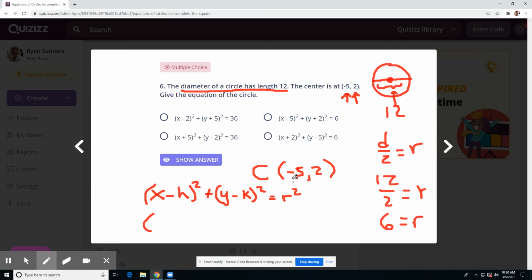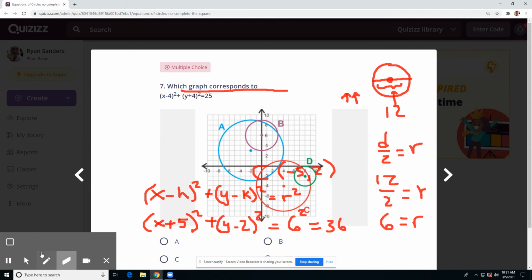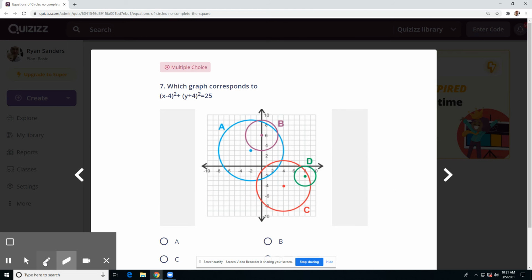So when you plug it in, it's the opposite of this. So it's (x + 5)² + (y... that's a +2, so it comes in as a -2)². And then the radius squared is 6 squared, which is 36. And there we go. Careful, it gave you diameter on that one to try to trick you.